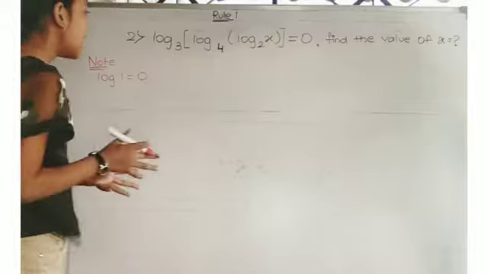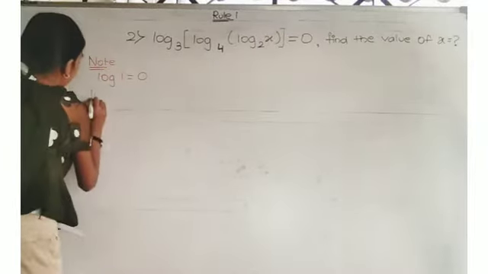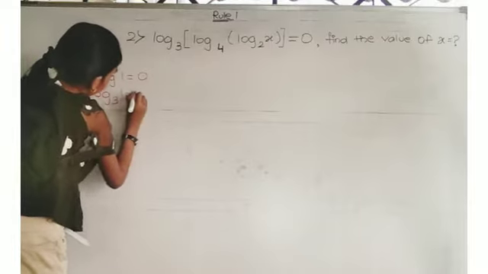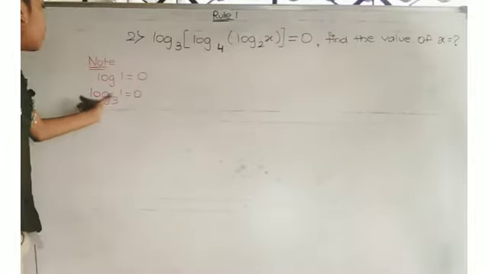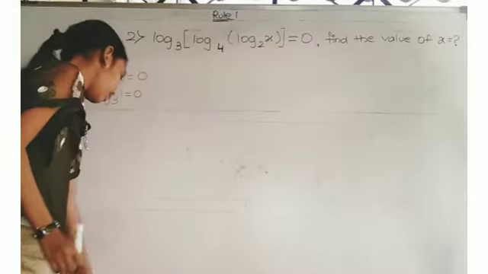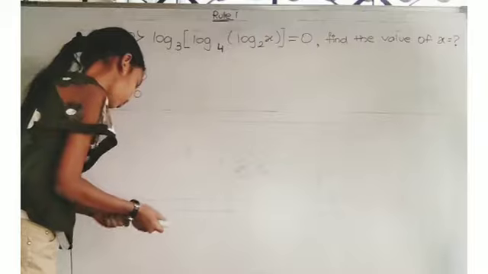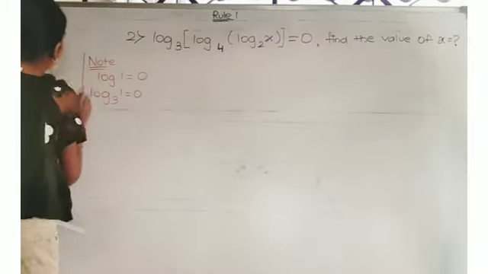Now here for cancellation we are going to write log 1 base to 3 is equal to 0. There is no importance of base, the importance is of log 1, but we have to write log 1 base to 3 is equal to 0. For cancellation we need this.